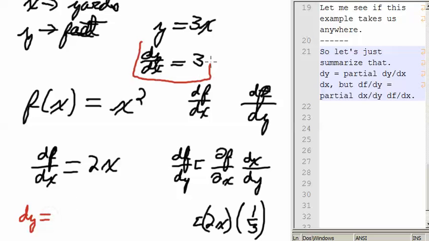dy is equal to del y/del x times dx, which would be 3 dx.